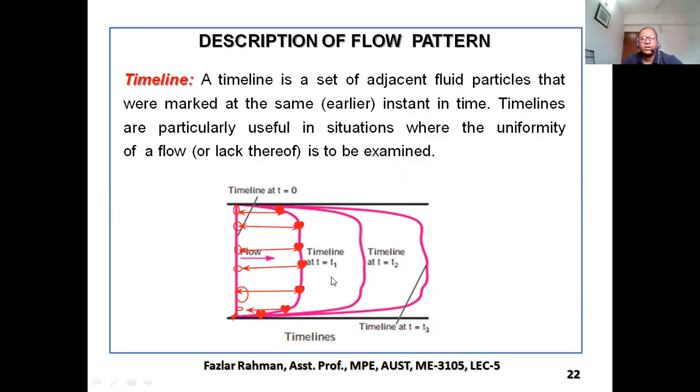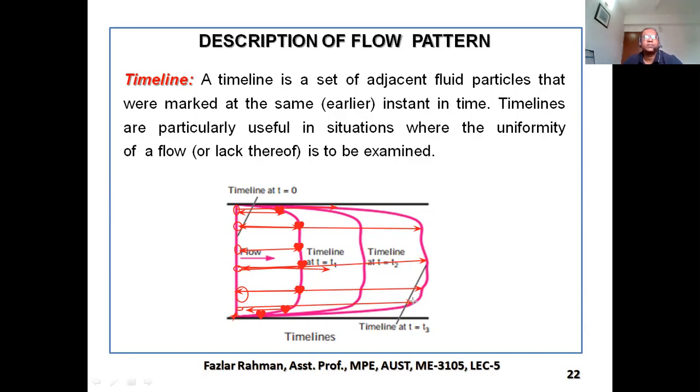This is the timeline at time t1, say 2 seconds. What will be the timeline after 5 seconds? It will be like this one, this one might travel this much, this one might be this much. So if you connect all of them, then this line is called a timeline.